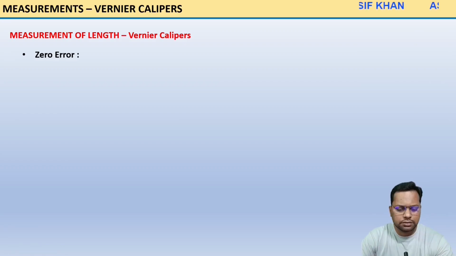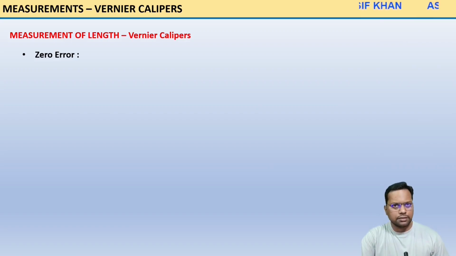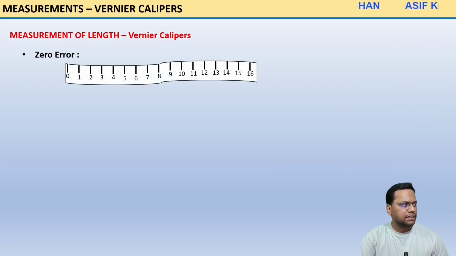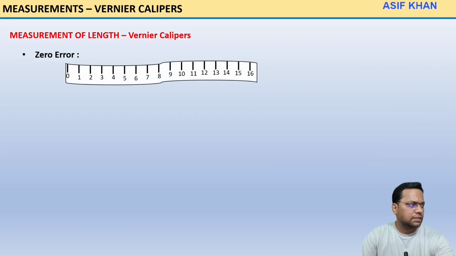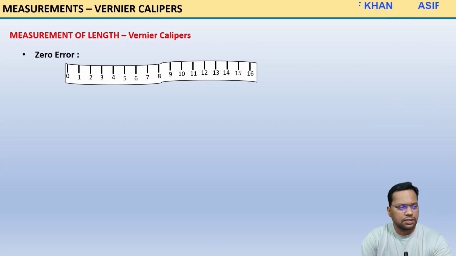Now we learn about the zero error of the vernier calipers. Before calculating the zero error of the vernier calipers, we learn what exactly is the zero error of a measuring device. To understand the concept of zero error, we take a simple measuring tape. Consider that it has divisions in inches, and we are looking at a small portion of the tape that is up to 16 inches.